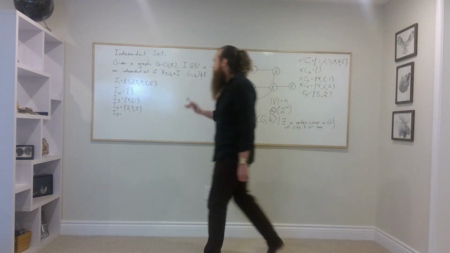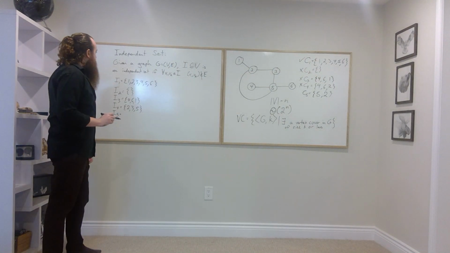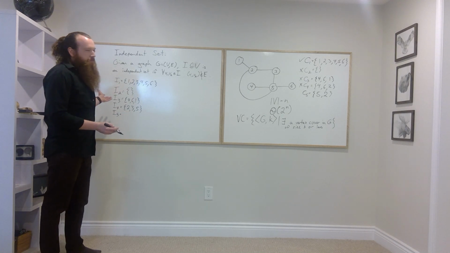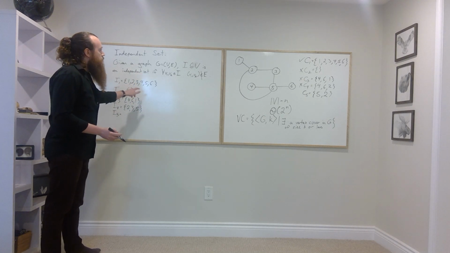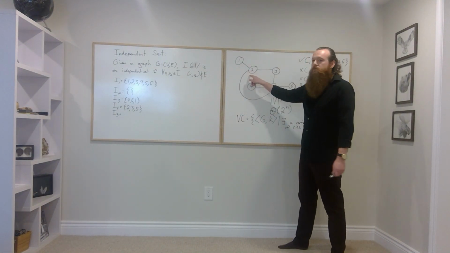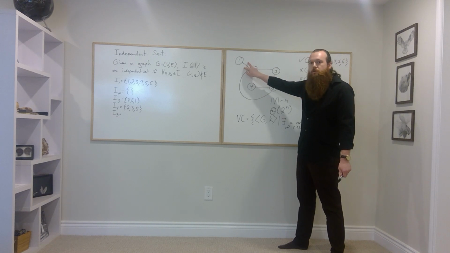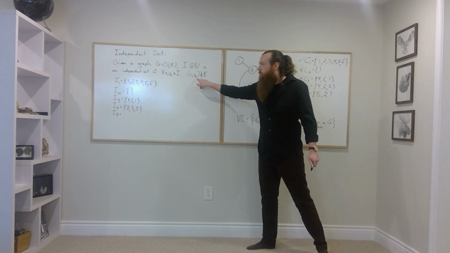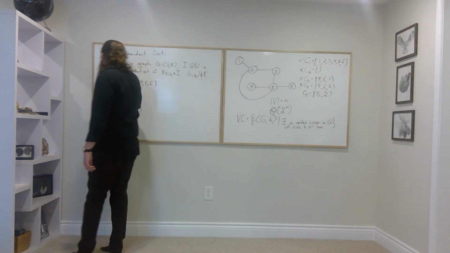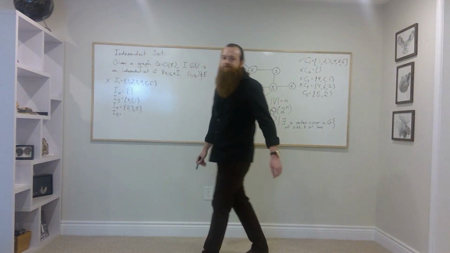Okay, this one: 1, 2, 3, 4, 5, 6. Is this an independent set? For it to be an independent set, all of these vertices can't be directly connected. So let's look at 1 and 2. Oh, hold up. 1 and 2 are directly connected. The edge 1, 2 is in E. It has to be that 1, 2 isn't in E. So right off the bat, boom, not an independent set.